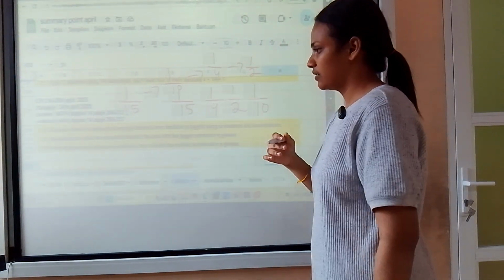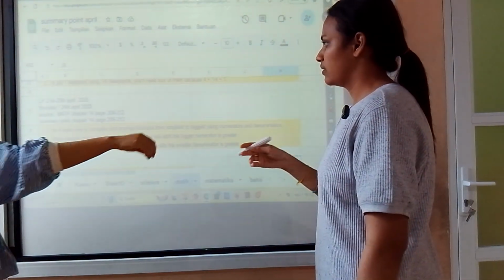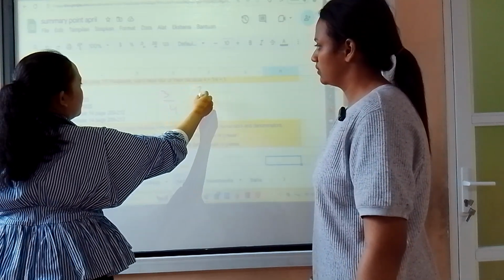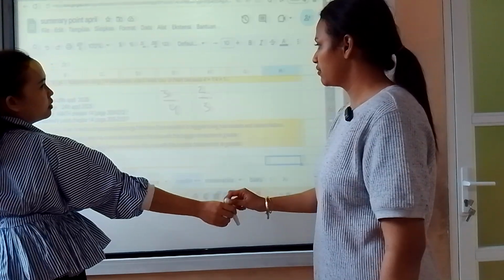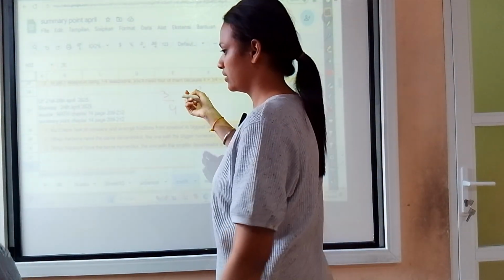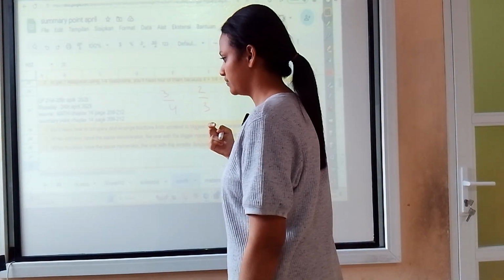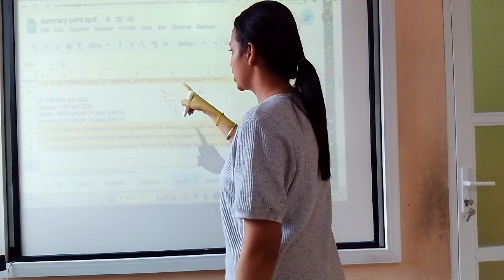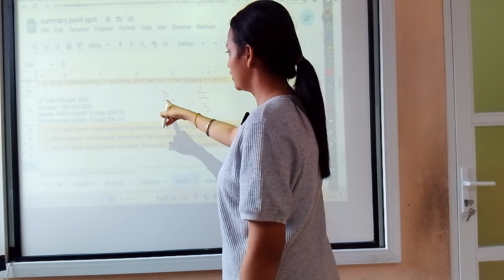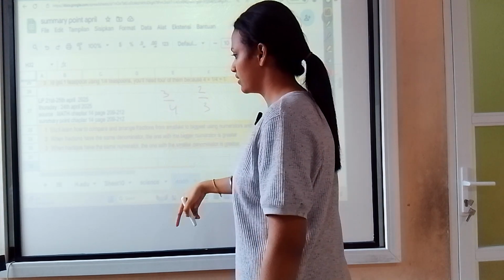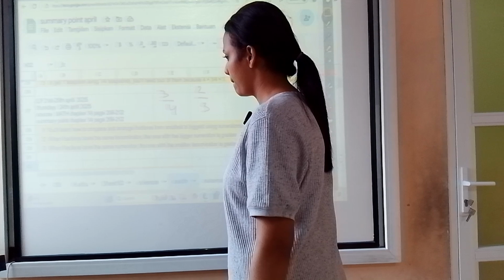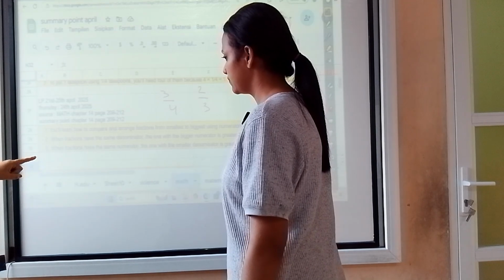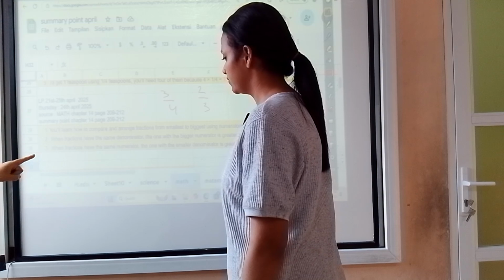So how do you explain this? Now this one is different, Miss, because of the numerator. So in here, the greatest value of this fraction is 3/4, Miss. You said just now the value will be less because the denominator is bigger, right?